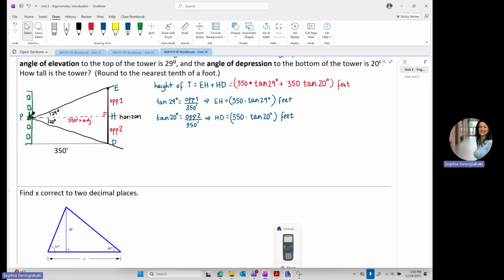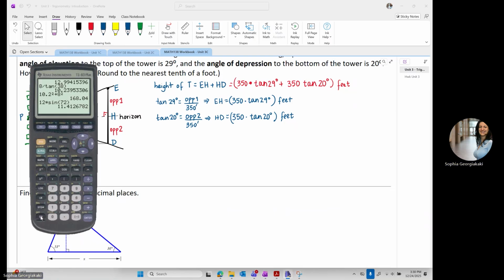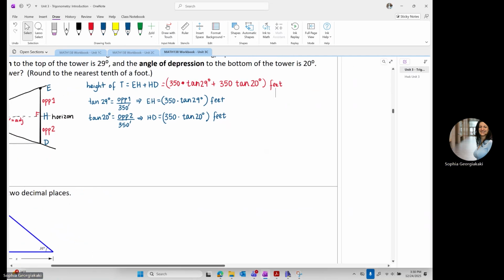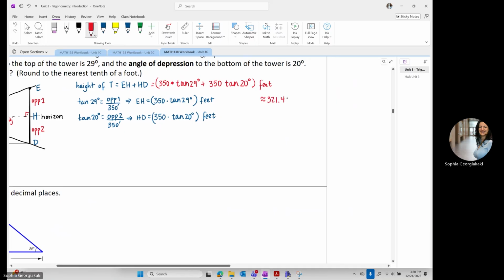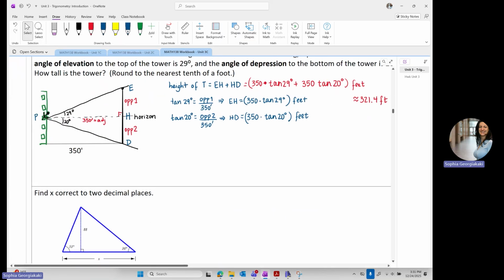So again, make sure that your calculator is in degree mode. 350 tangent of 29, close the parenthesis, plus 350 tangent of 20, and close that parenthesis, and to the nearest tenth, 321.4 feet is the answer to the height of this tower.